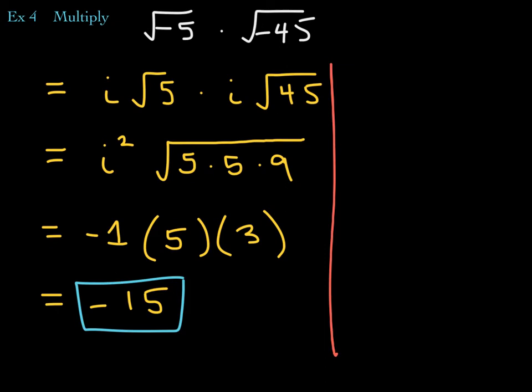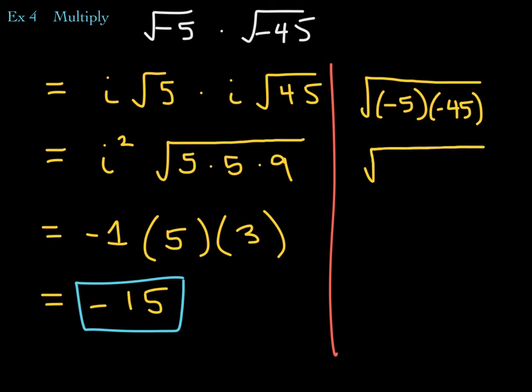Now watch this. If you say, well, the product rule says that the product of these square roots is equivalent to the square root of their product, then notice that a negative times a negative is a positive. So now your radicand is positive, and you have 5 times 5 times 9, right?